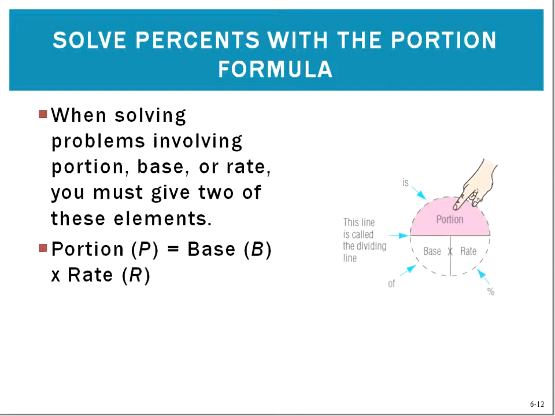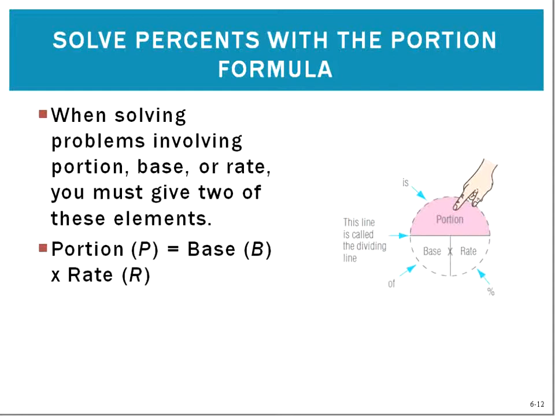Okay, but there's a really simple formula that you're really going to need to know, not only for Chapter 6, but also for Chapter 8 when we're talking about markups and markdowns. And this is a really neat little diagram that I hope you find useful. So before I talk about what it is, let's look at this actual little circle.